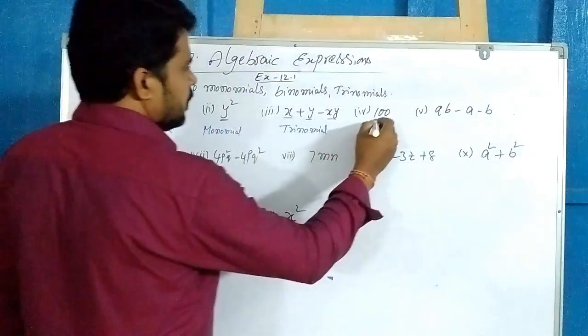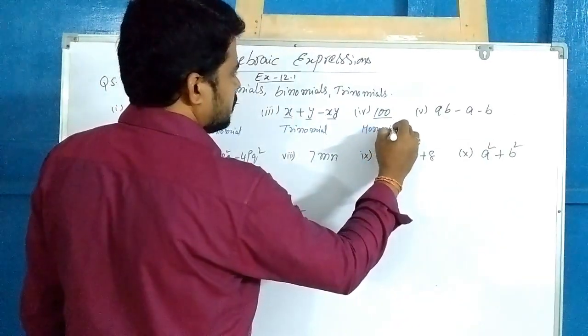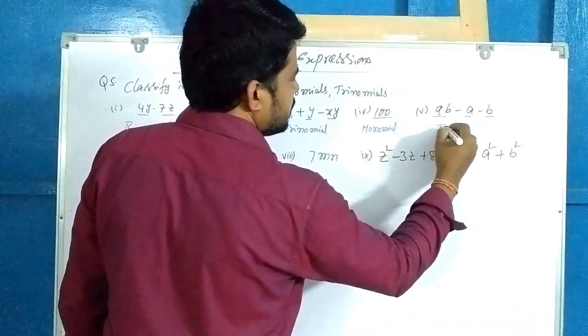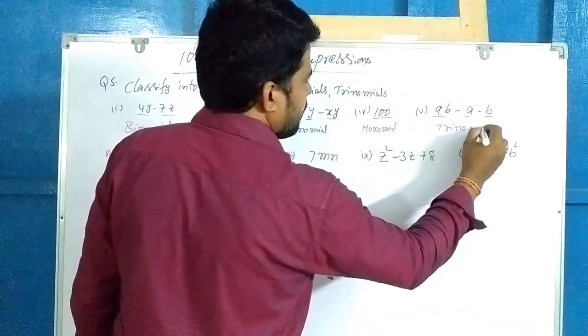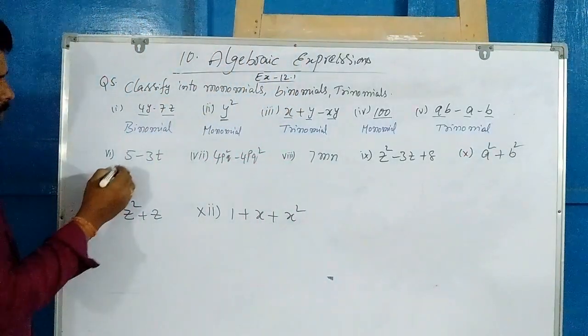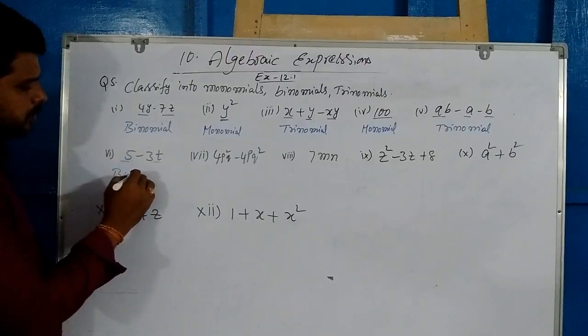The fourth one also has only one term, 100, that is monomial. The fifth one, we have 1, 2, 3 terms, that is trinomial. The sixth one, we have 5 minus 3d. We have 2 terms, binomial.